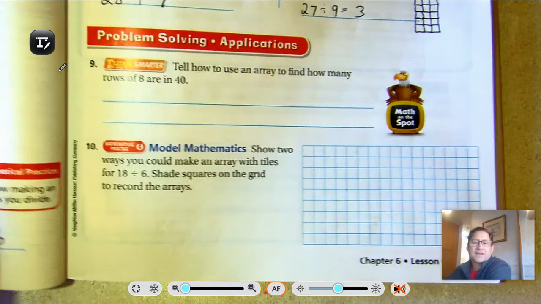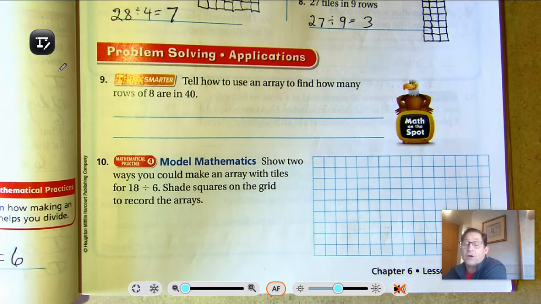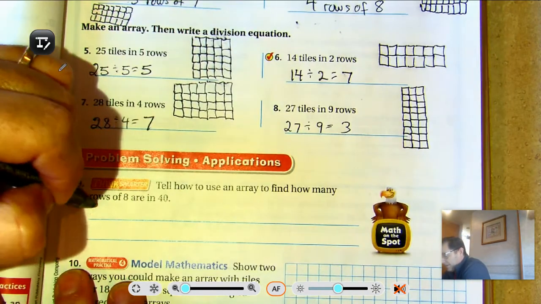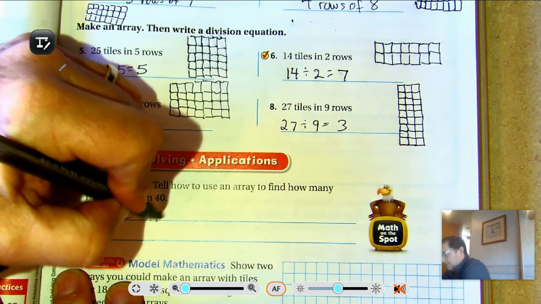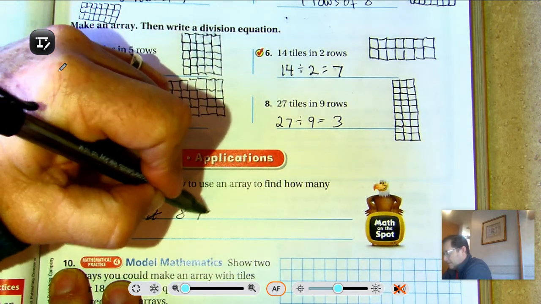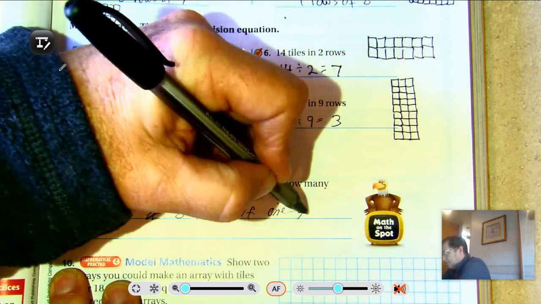Number 9. Tell how to use an array to find how many rows of 8 are in 40. How many rows of 8? Okay, make 8 rows of 1 tile.